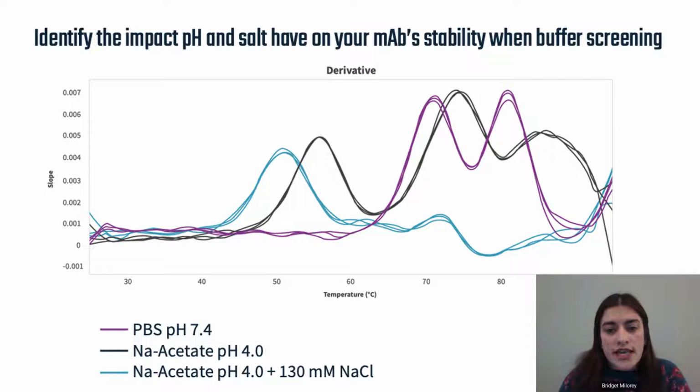I will also say that if you are working from a stock and diluting into a new buffer, you should at least try to do a tenfold dilution so that there's only about 10% of that old buffer present. And again, thinking about buffer exchanging, dialysis or buffer exchange columns are going to be the best practice. But if you are limited by the amount of material, consider that these steps will require you to recheck your protein concentration afterwards.